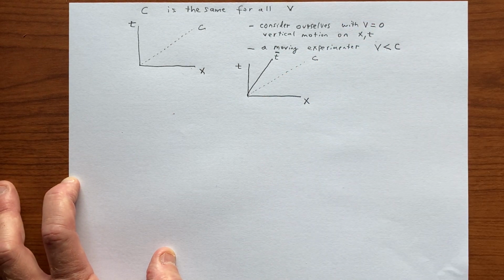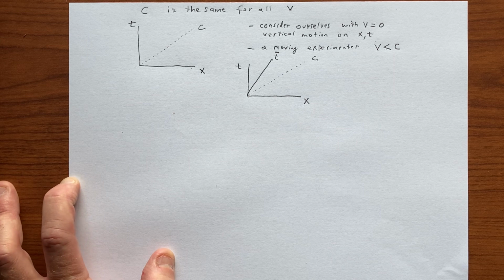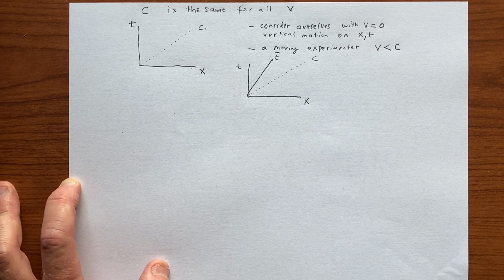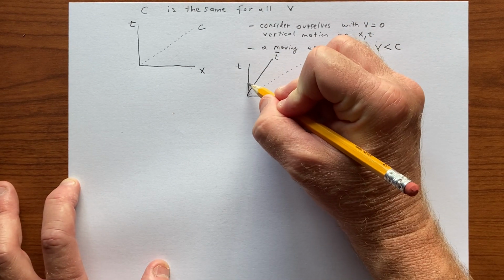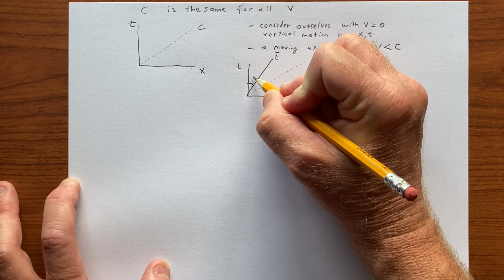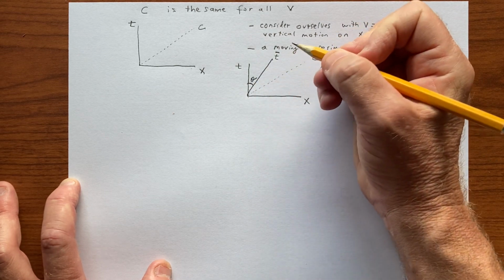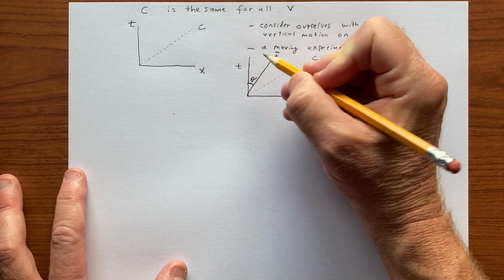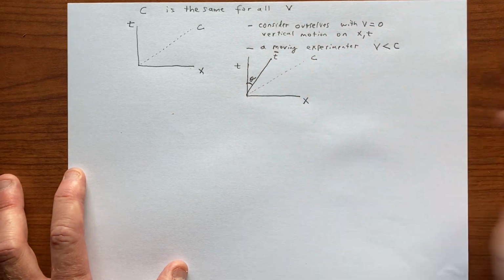from our perspective, the time axis of the moving observer. Okay, so we've gotten that. And so what about the spatial axis? Well, a simple way of thinking about this is that there's some angle here, say theta, given by how fast this observer is moving.